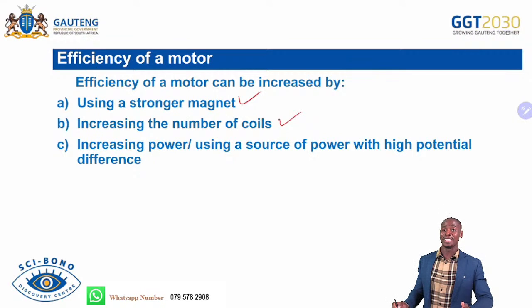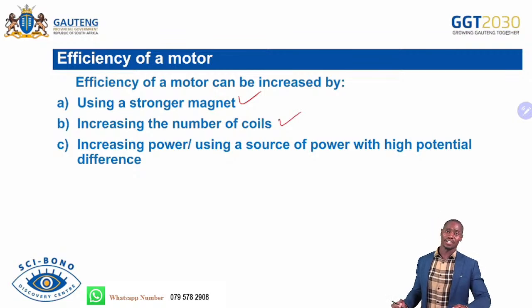So that is how we can increase the speed of rotation of the coil. So you can increase the efficiency of a motor by increasing the number of coils, increasing power, or using a source of power with high voltage, and also by using a stronger magnet. So here it's about rotation of the coil when it comes to motors.